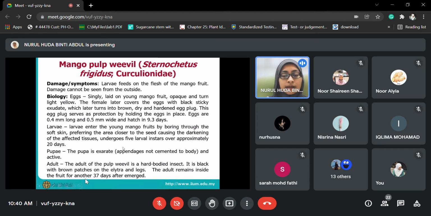And the adult is also black with brown patches on the elytra and legs. So instead of just brown, there are a few patches. Some parts are a bit blacker, a bit darker, and there are also parts that you can see are a bit lighter in colour.